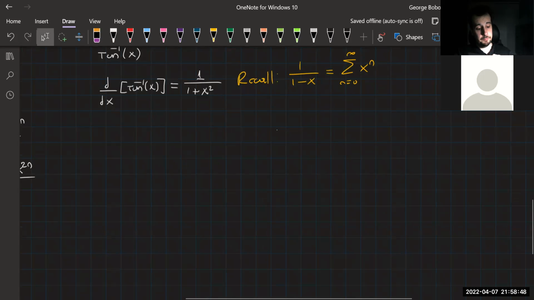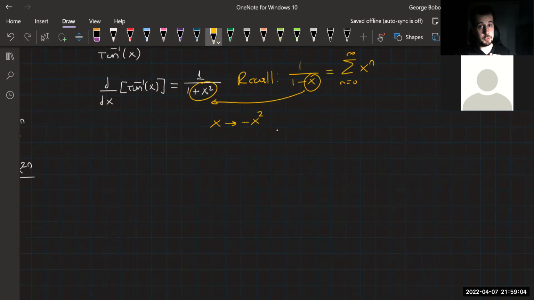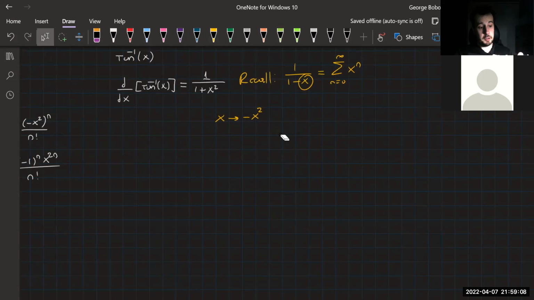So I go, okay, this and this differ by what? x turned into negative x squared. Again, x must have turned into a negative x squared to go from here to here in this representation. Fine.